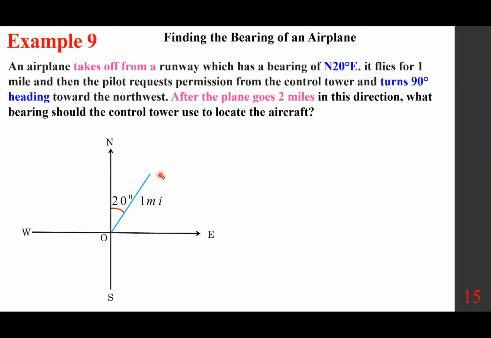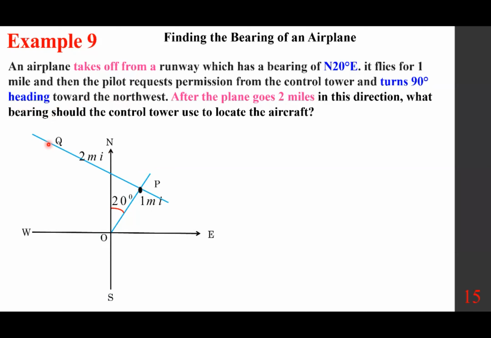Then we're going to make a 90-degree angle here towards northwest. So the 90-degree angle that we make here, we can go this way or that way. Okay, so we make a 90-degree angle. But we are going this way because it says northwest.